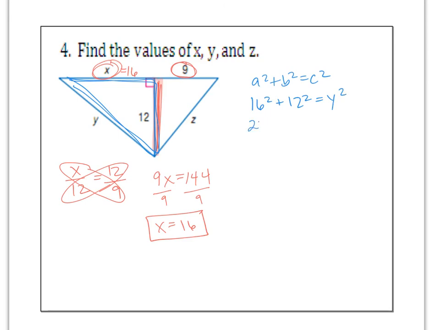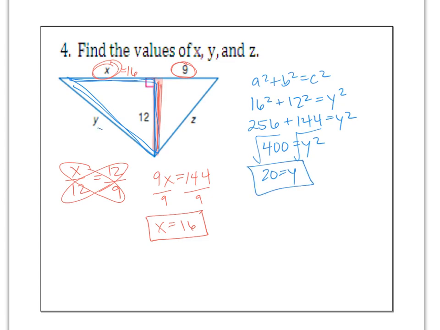So I'll just tell you it's 256 plus 144. Those add up to 400. And then what do we have to do to finish this? Square root, and the square root of 400 is 20. So now we have this side, y is 20.